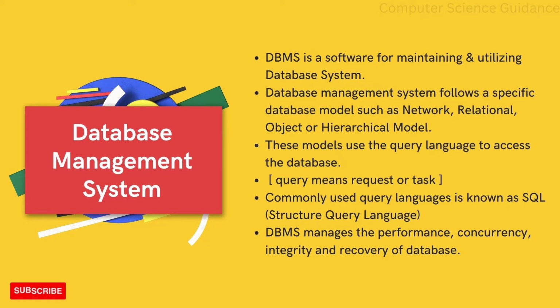I believe all these points are written in such a simple way that I don't think I need to explain each point. DBMS stands for Database Management System. DBMS is a software or application for maintaining and utilizing database system. We already know what database system is.